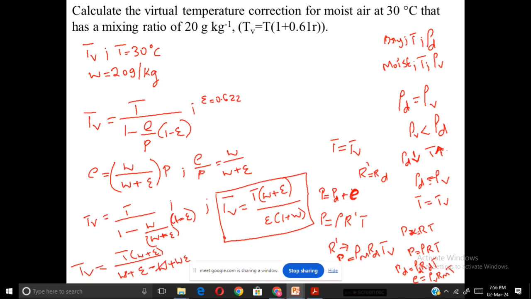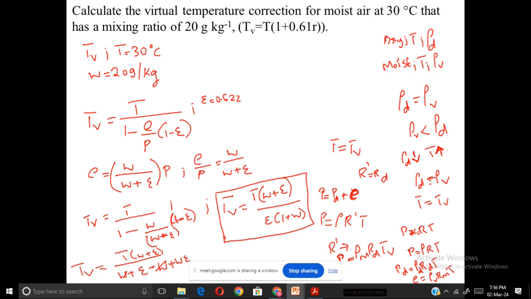So we started from the equation of virtual temperature that we know, which is basically TV is equal to T by (1 minus E by P into (1 minus epsilon)). This is the equation that we had derived earlier.